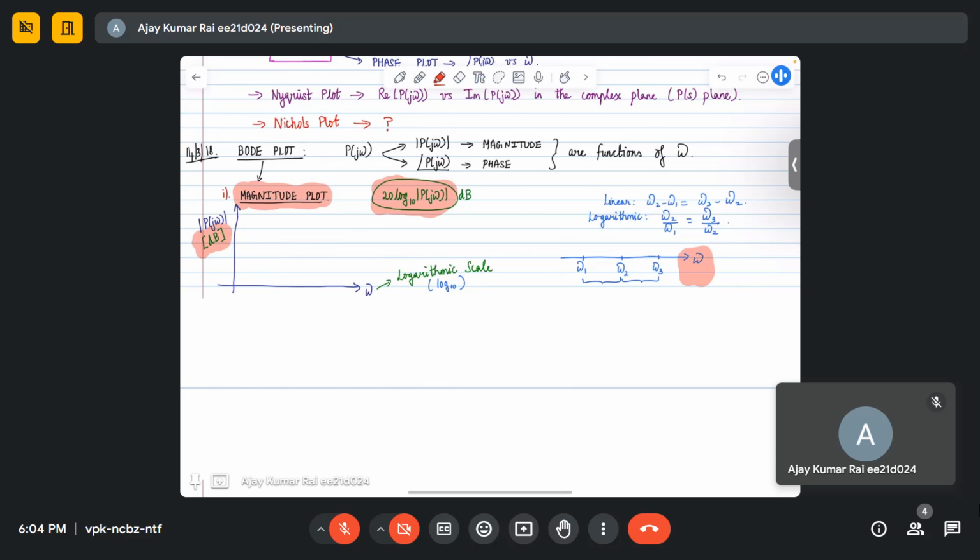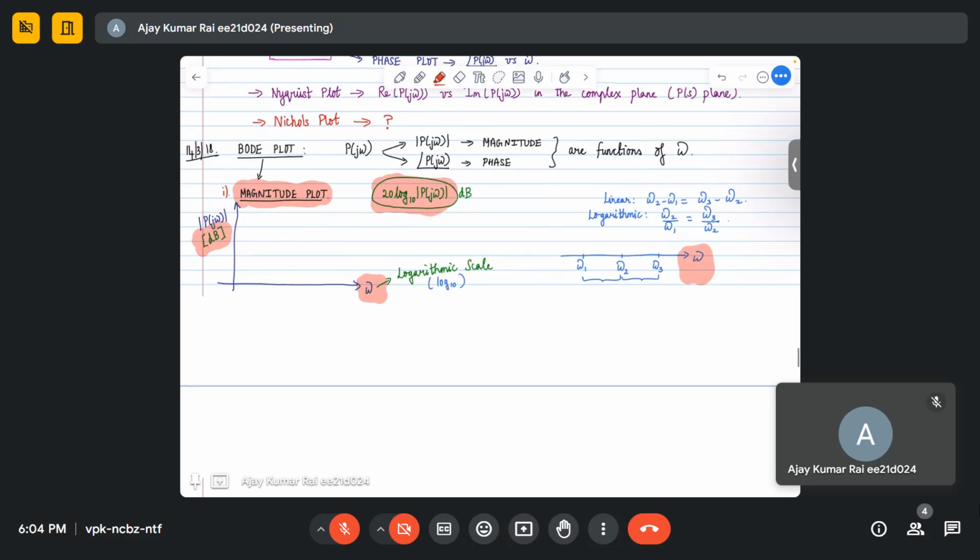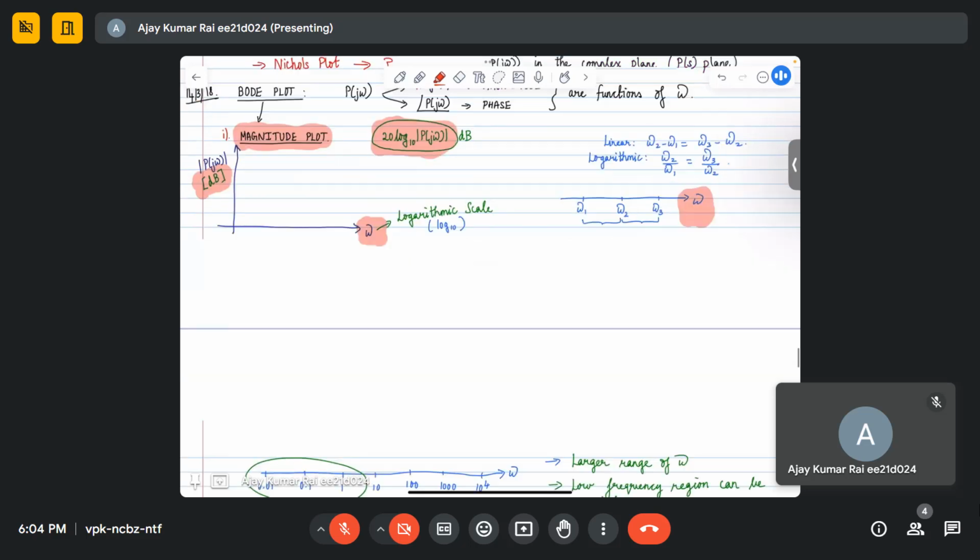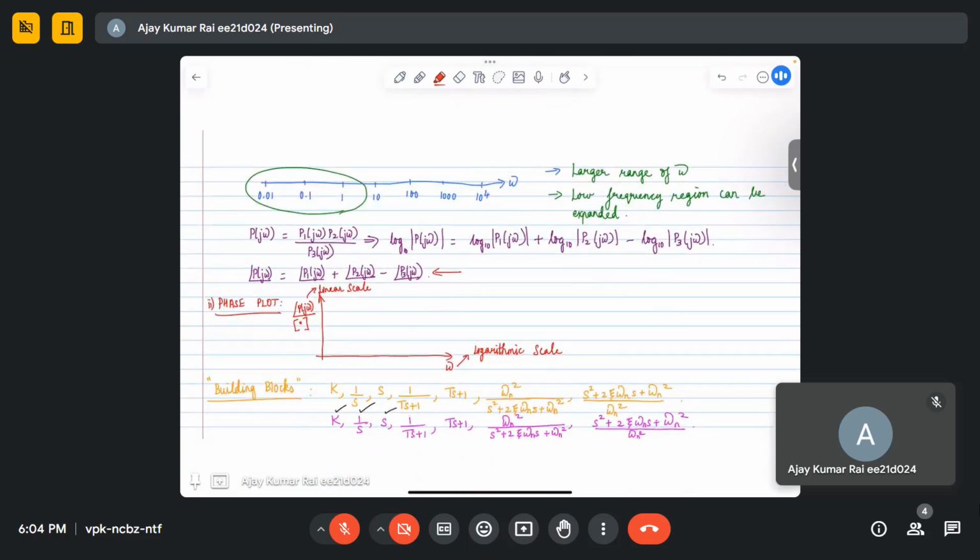On the x-axis, instead of omega we take log of omega, again base 10. Why? Because if we take log of omega, we can cover a larger range of omega, and at the lower end we can also cover the low frequency range.